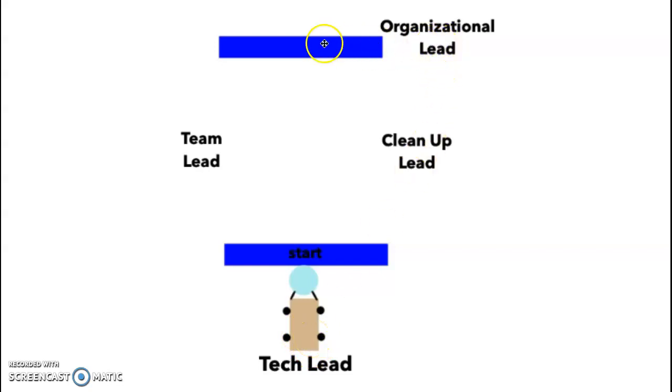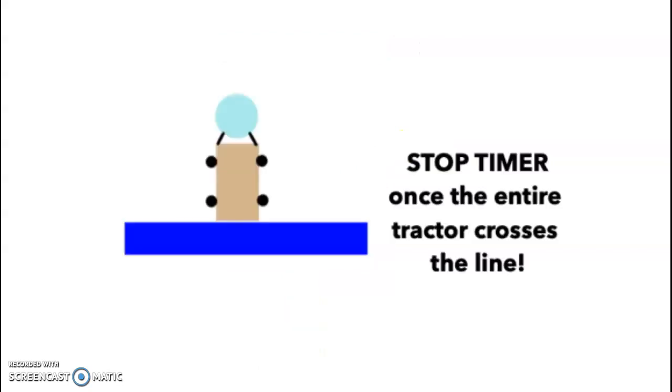Organizational lead, I want you at the finish line so you can see when the Sphero crosses. And then team lead on one side and cleanup lead on the other side. It's really important that you stop the timer once the entire tractor crosses the line. If your Sphero is coming this way, as soon as the entire thing passes the finish line, then you may stop the timer.